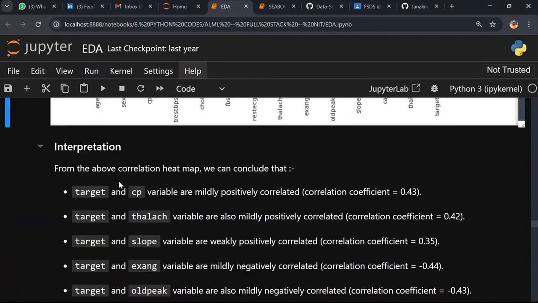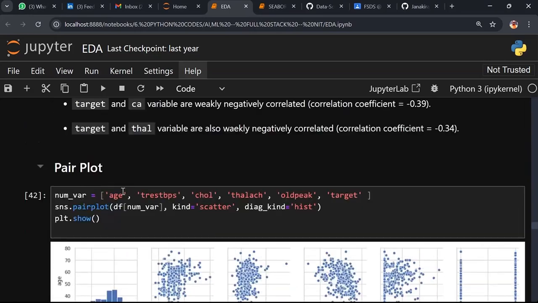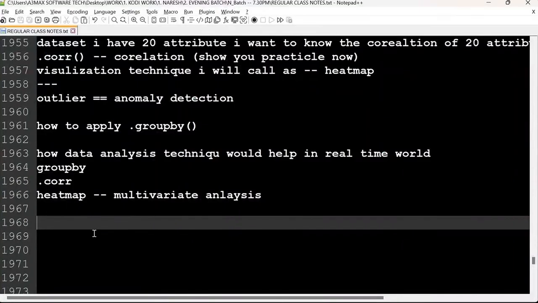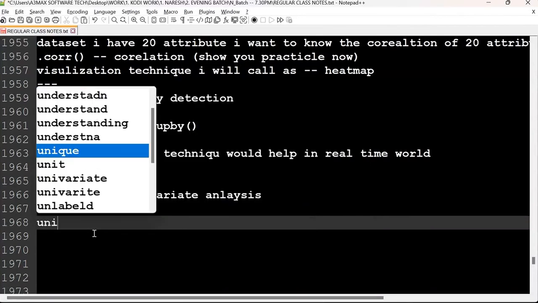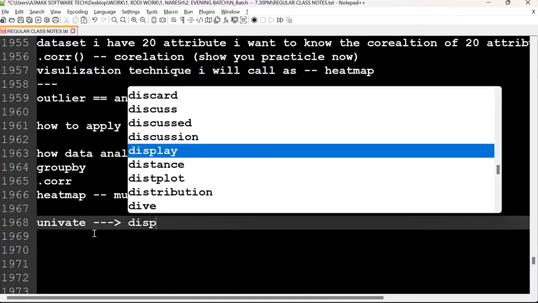Now, next one. See guys, I mentioned the pair plot. So, multivariate analysis interview questions. For univariate analysis, how do you visualize? For univariate analysis, we visualize with a box plot, or maybe I can use a dist plot.